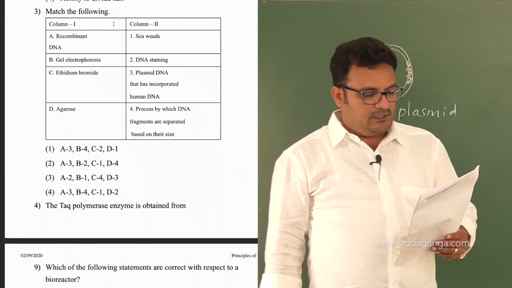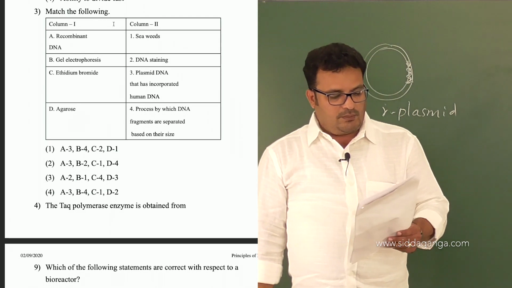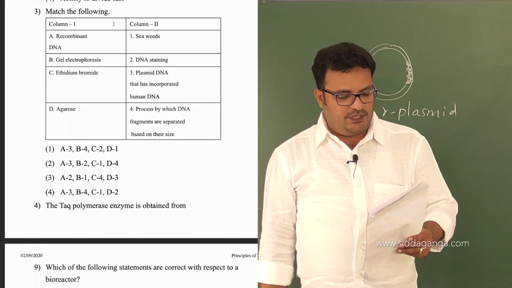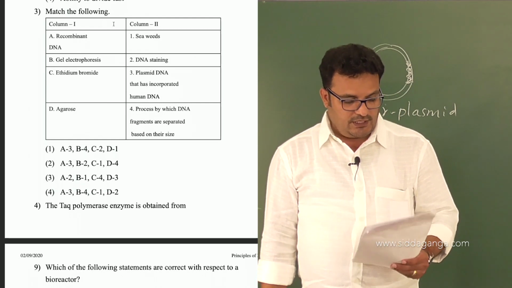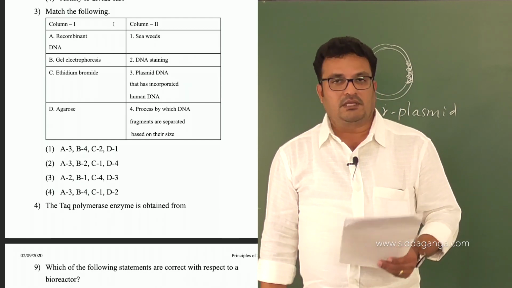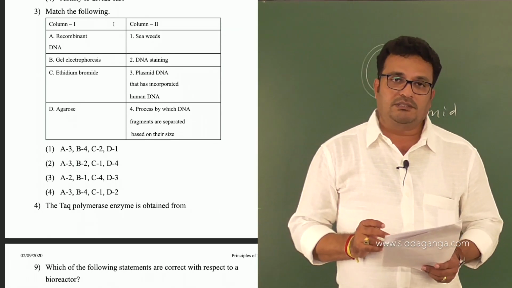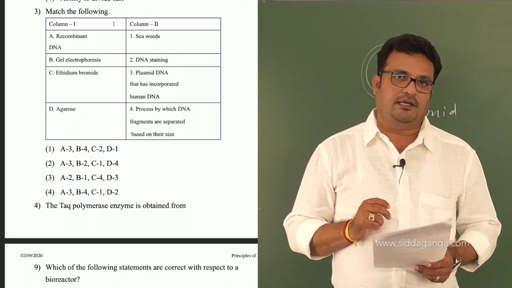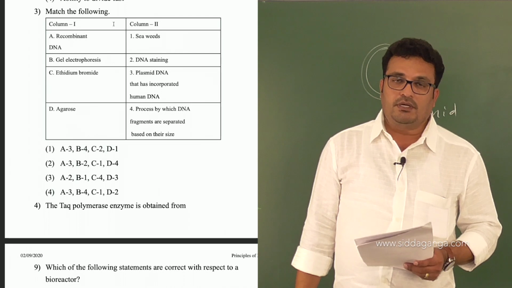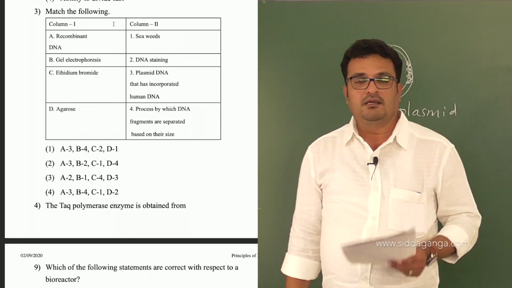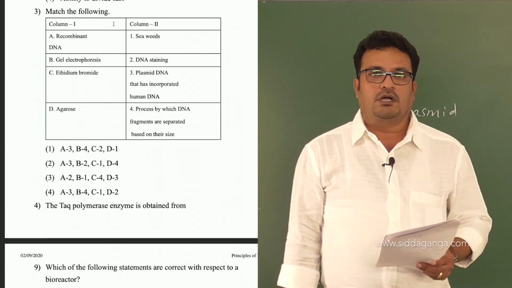And gel electrophoresis is suitable for the process by which DNA fragments are separated. As I told you, separation of DNA fragments is done by using the gel electrophoretic technique. Ethidium bromide is a stain, used to photograph the DNA.